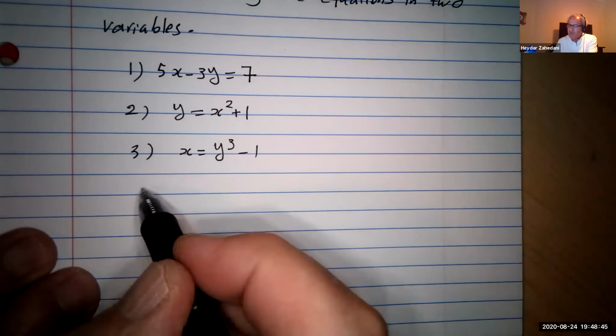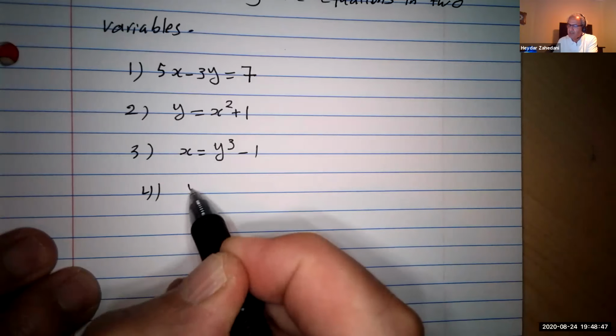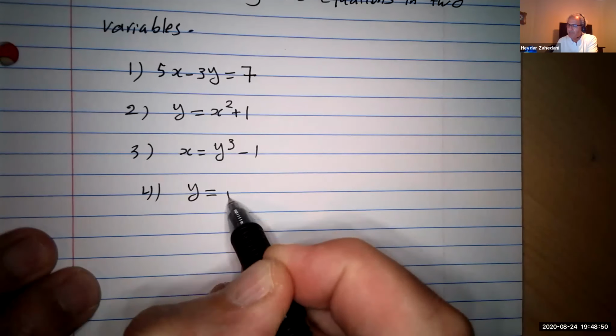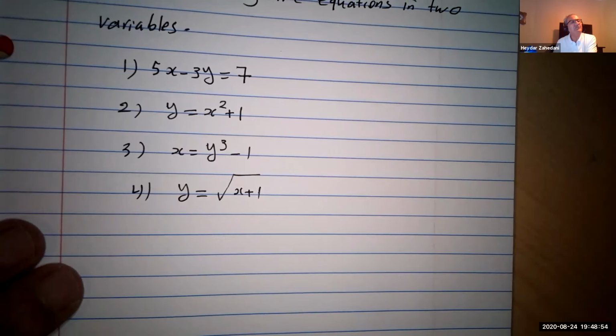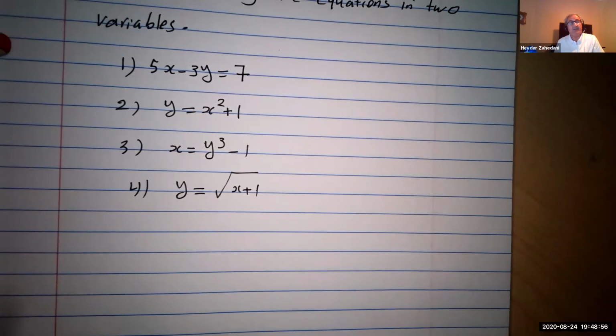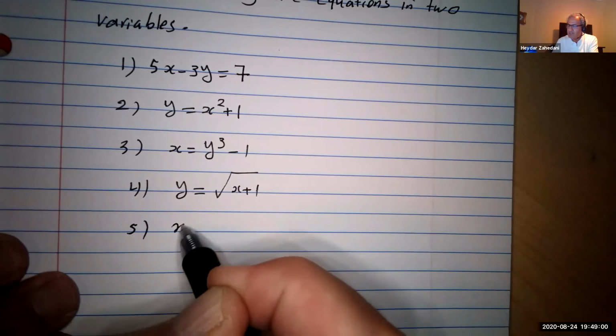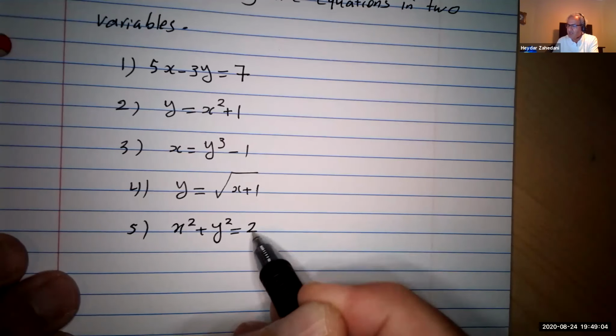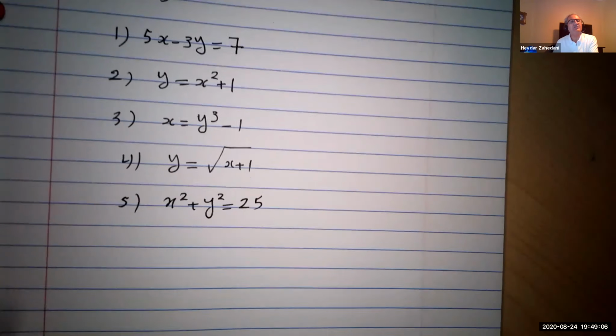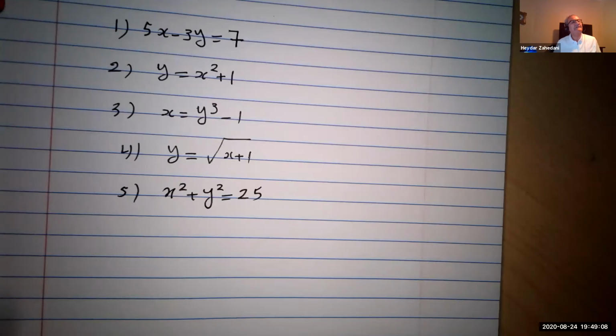You can have various formats. This is again an equation in 2 variables, not a function, remember, not a function. Another one is x squared plus y squared equal to 25. This is an equation in 2 variables.